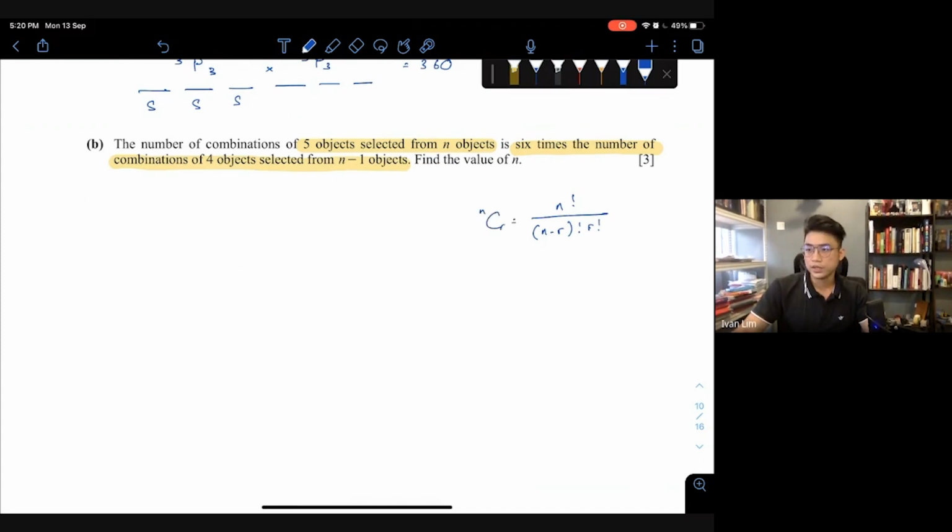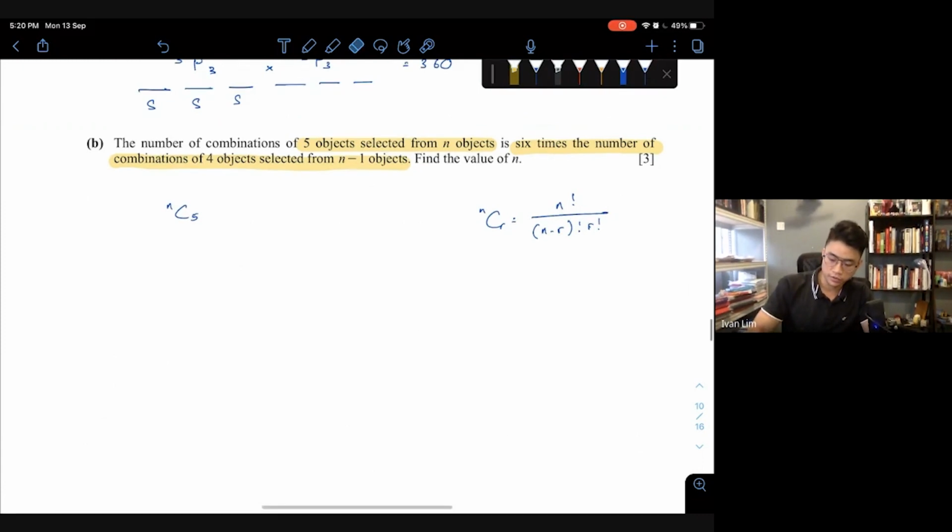The first one is nC5, right? 5 objects selected from n objects. So nC5 is 6 times of what? 6 times 4 objects selected from n minus 1 objects. So n minus 1 C4. This is the equation that we want to expand and solve.